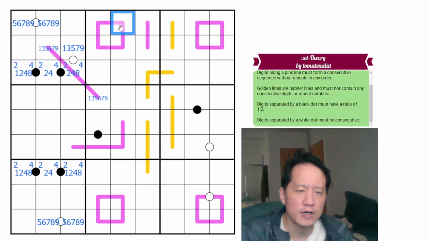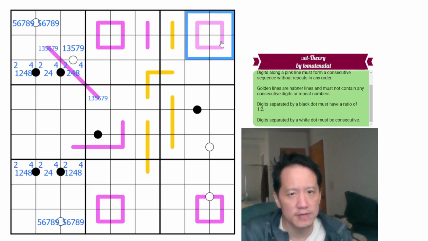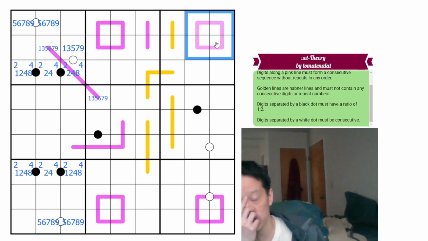8 cannot be on a 4-length Renban with 4 or 2, so it could not be here. So this would have to be 8, which would force this to be 2 and 4 together. And again, in this one, it cannot be on a Renban here, because it cannot be on a 4-length Renban with 4 or 2.